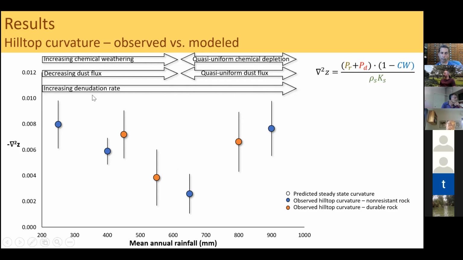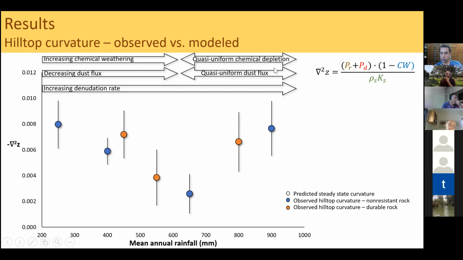And the denudation rates should act the other way. If we have higher denudation rates, it should increase curvature, but apparently it's the chemical weathering and dust flux that are more dominant in the southern sites. And in the northern sites, we have this sudden increase.